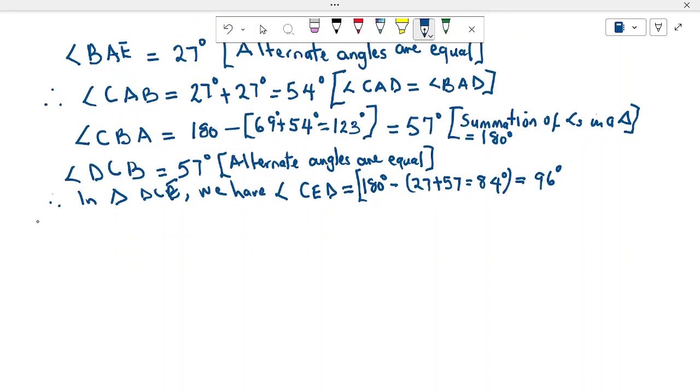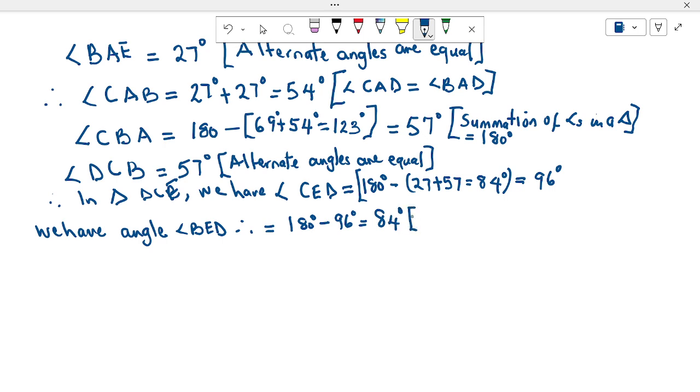So we have angle PED therefore equal to 180 degrees minus 96 degrees, which is giving us 84 degrees.